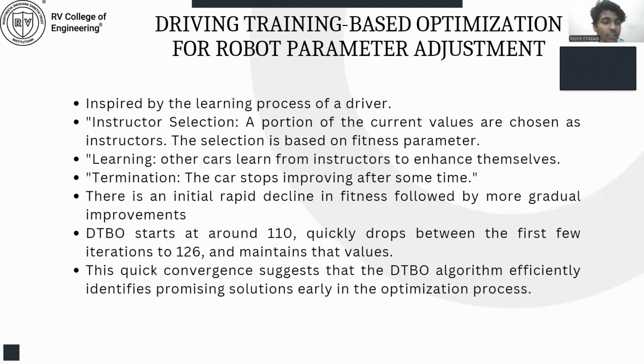Again, you have initialization, path exploration, pheromone update, decision making, and then convergence. So initialization is ants start at some random point, and then each ant finds a solution, leaving behind pheromones. Then pheromone update: better solutions get stronger pheromone trails.